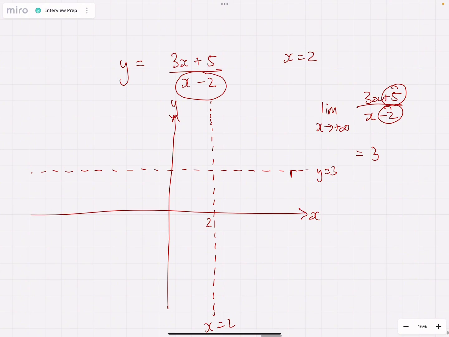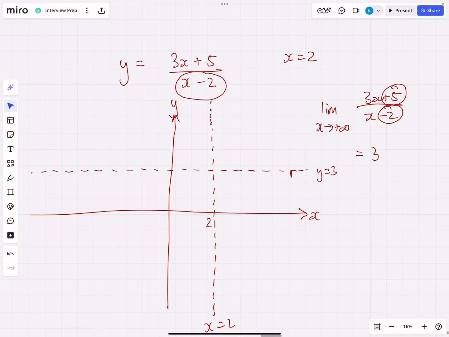When x gets very, very large, this numerator is going to be larger than the denominator, right? And so because the numerator is always larger than the denominator, this quotient is always going to be greater than 3, even as it approaches the limit.